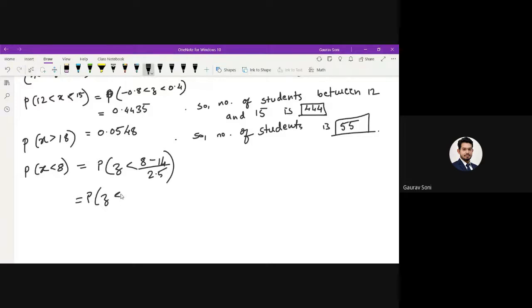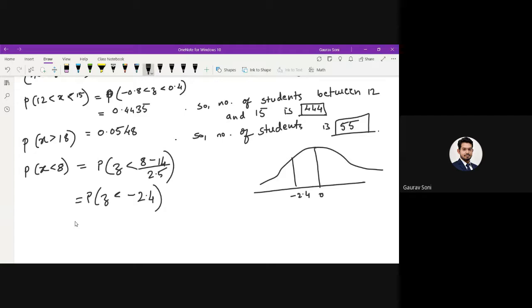Less than 8 minus 14 divided by 2.5. The value is minus 2.4. Yes, sir. Draw the curve. Minus 2.4. This is 0.